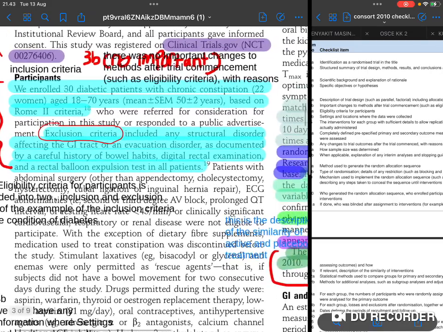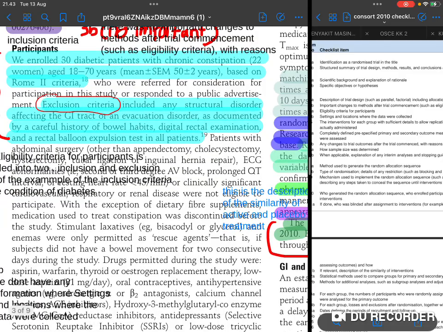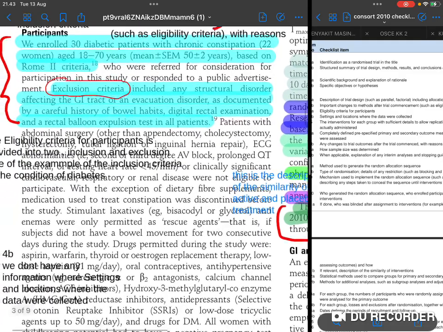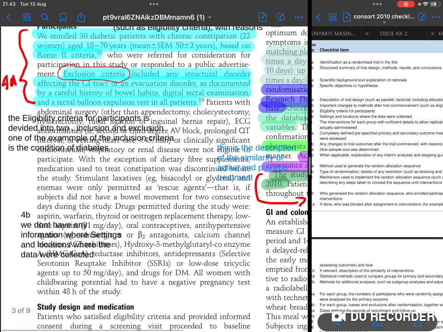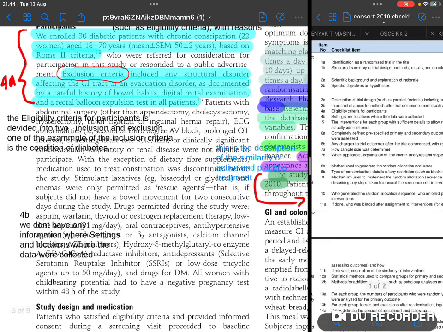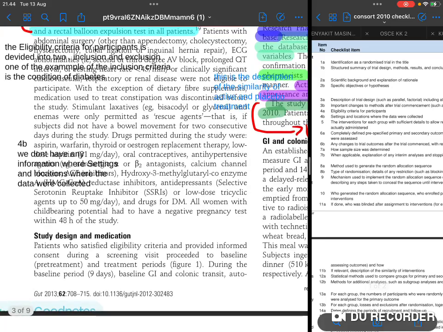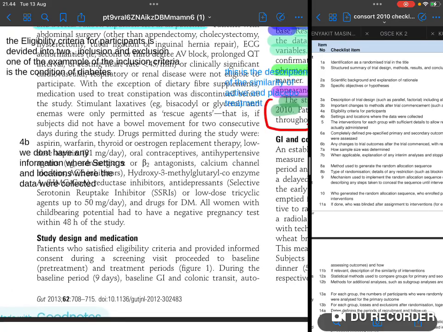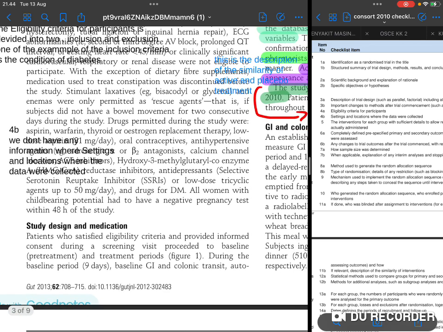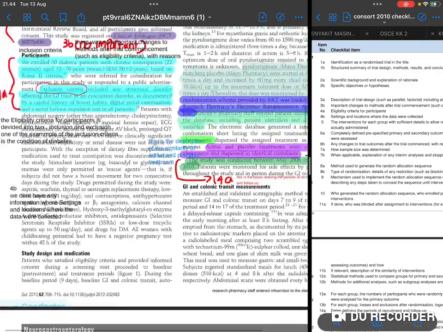The exclusion criteria included any structural disorder affecting the GI tract or etc. And then in this study, we don't have any information like the setting and location. There is no further information regarding that, such as the location where the data were collected. So we just move to the next part.